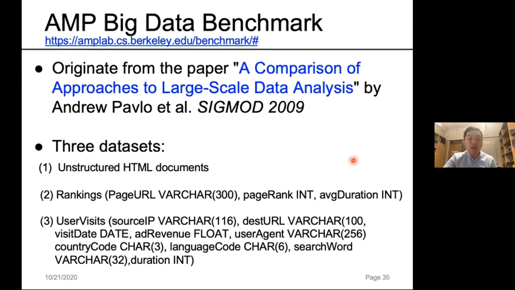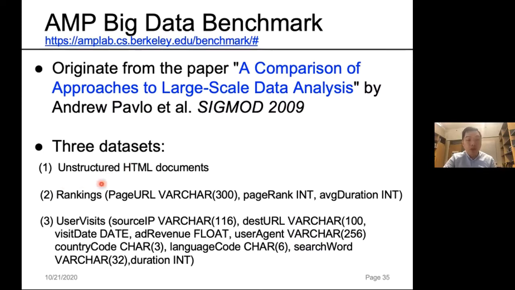The AMP Big Data Benchmark is developed by Berkeley, and it originates from the paper A Comparison of Approaches to Large-Scale Data Analysis by Andrew Pavlo et al., SIGMOD 2009. And it uses three simple datasets.